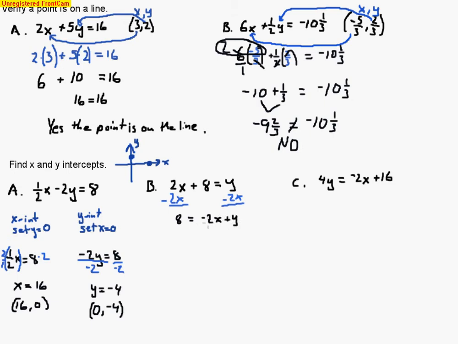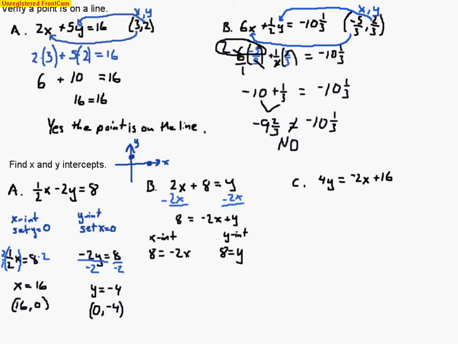So what I've got left is this: 8 equals negative 2x plus y. To find the x-intercept, remember I'm going to set y equal to 0. I'm going to cancel out the y term, so all I'm left with is 8 equals negative 2x. For the y-intercept, I'm going to set x equal to 0, so I've got my answer, 8 equals y.